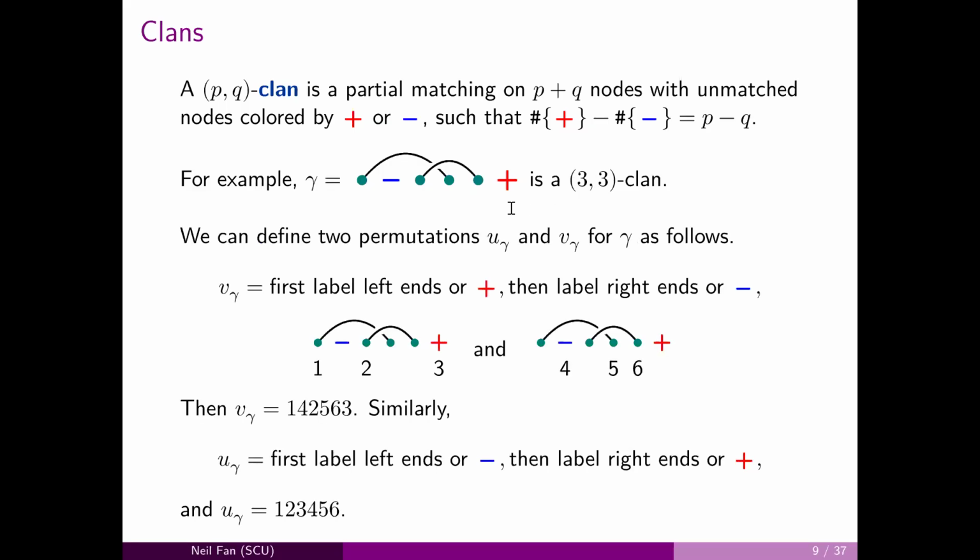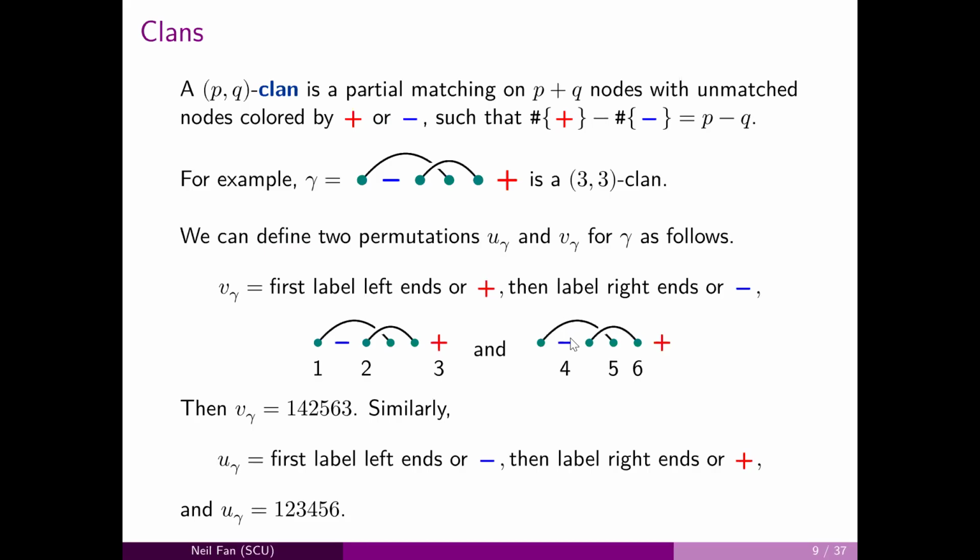We can define two permutations, u_gamma and v_gamma, for each clan gamma as follows. To define v_gamma, we first label the left endpoints and plus signs from left to right. Say this is a left endpoint, this is a left endpoint, and this is a plus sign. And then we label the right endpoints and minus signs from left to right.